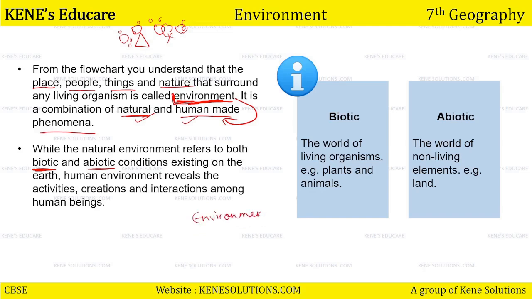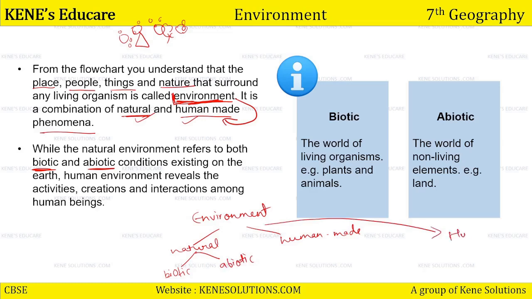Environment has two components, combination of natural and human made. And natural also has two components, biotic, abiotic. Alright. The third component of the environment was human himself, the individual, the family, the community, the religion, the political institutions, right? Everything. That's a very different component.